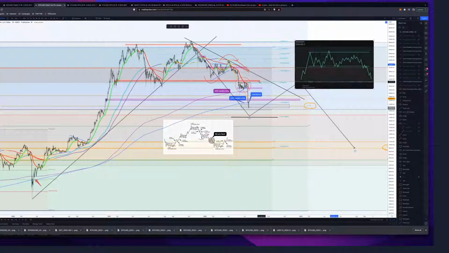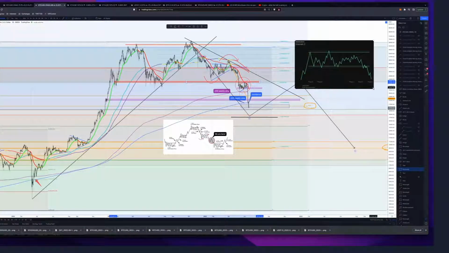We've done that with this red level as the neckline. We had this component play out based on the life cycle. I think we're right here, right now. So we dropped, and we're almost making the bottom, but I don't think we're there yet. I think this is just going to get another bounce, the 200 is most likely going to be the resistance, and then we're going to go down more.